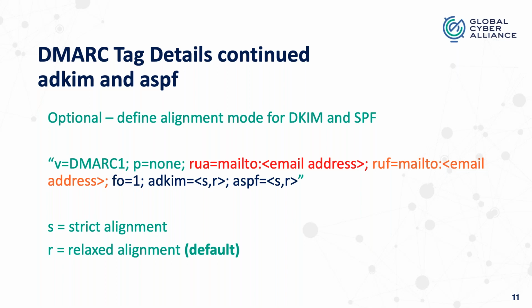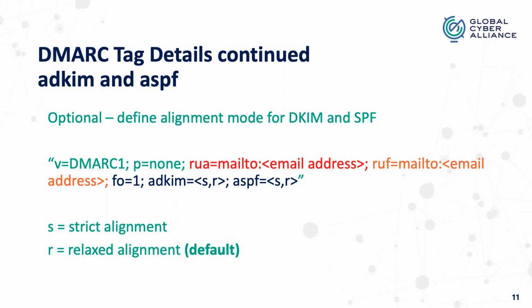If it does, it's aligned. If it does not match, it's unaligned. For DKIM, if the D, the domain in the DKIM signature, matches the from domain, then you're aligned. If it does not match, then it's unaligned.